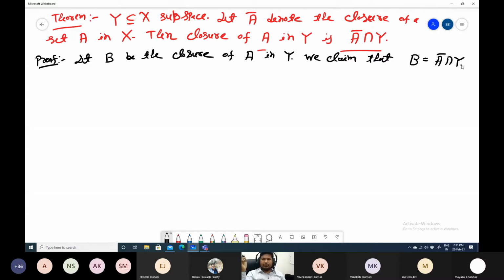We use the property of B, which is the smallest closed set containing A in Y, and the property of A closure, which is the smallest closed set containing A in X. Then we will see that each is a subset of the other, so both are equal.